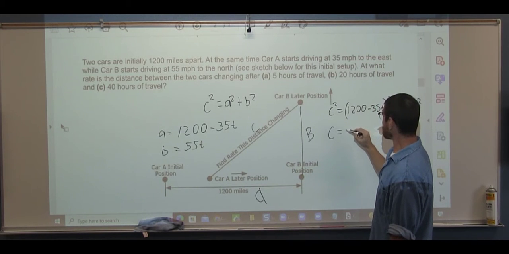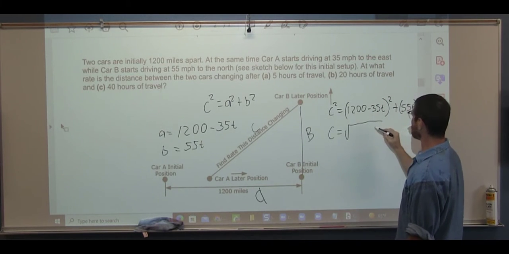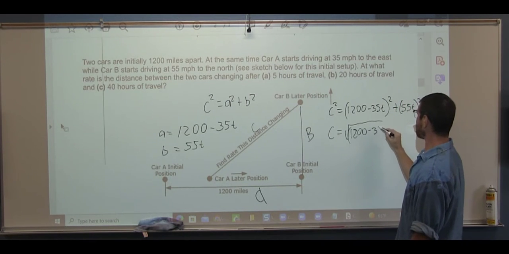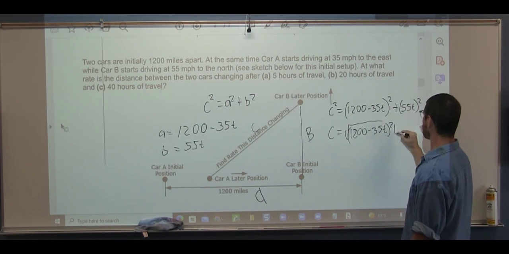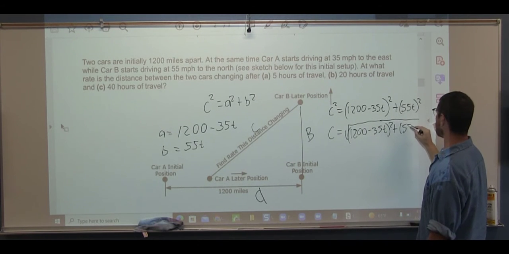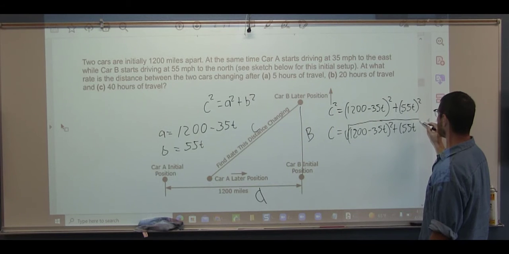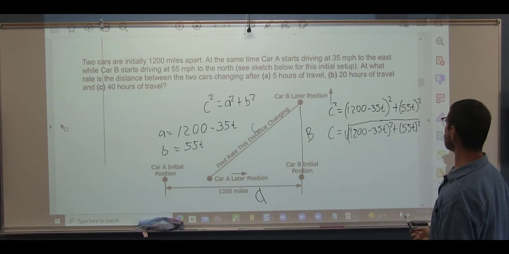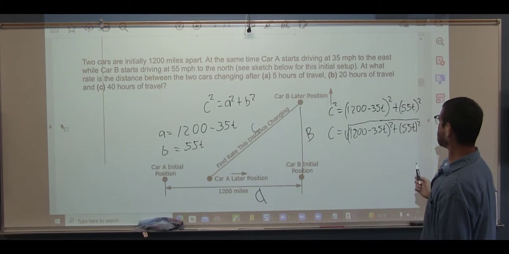Which means C equals the square root of (1,200 minus 35t) squared plus (55t) squared. Does it? Hold on. Wait a minute. Okay, yes.